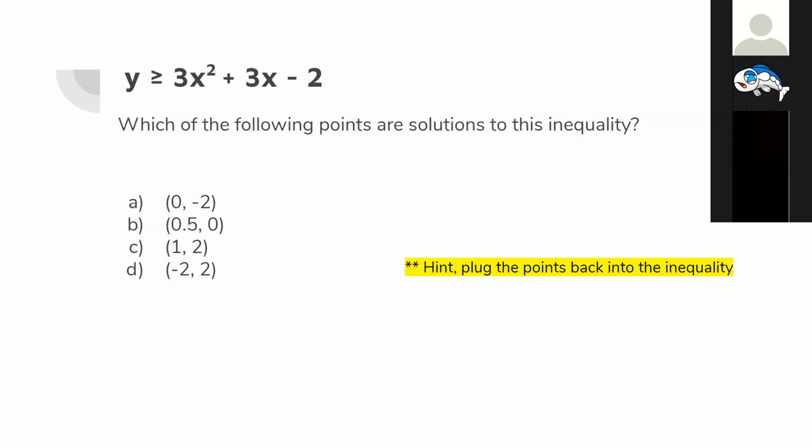Plugging in points is going to be really helpful when you're graphing these inequalities. So it's not that hard, but you just have to remember to keep your math straight.